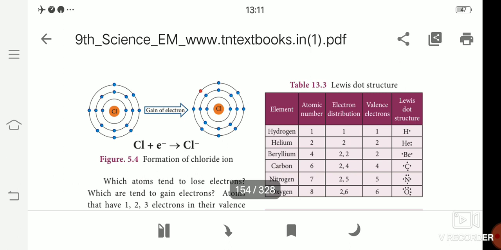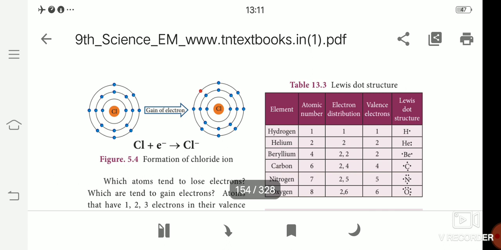All the elements have different valence shells. The valence shell means the last outermost shell in which electrons are present. Beryllium's valence electron is 2, carbon's is 4, nitrogen's is 5 and oxygen's is 6.